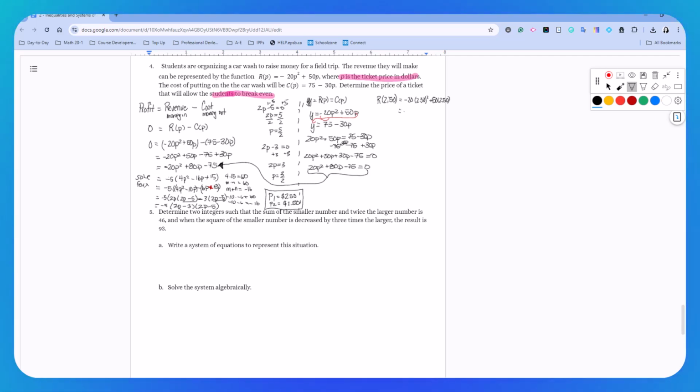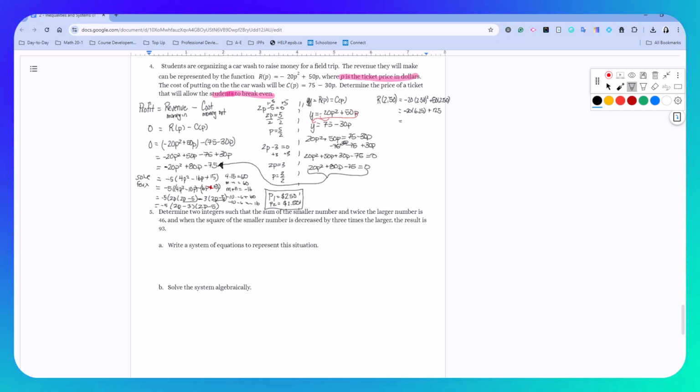Well, that's going to equal, plugging it all into the calculator, negative 20. Now this little number here is 6.25, so 2.5 squared is 6.25, plus 50 times 250 is 125.